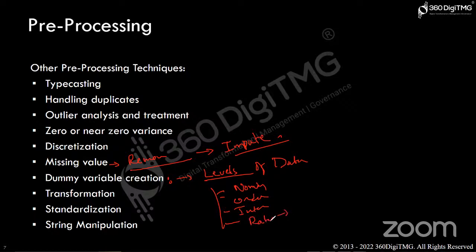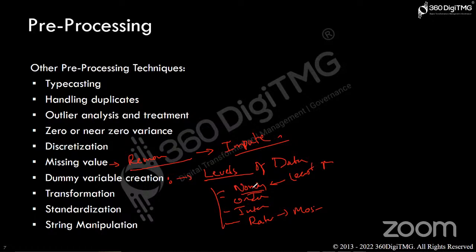Ratio is the most preferred data. Nominal data, on the other hand, is the least preferred because it cannot be used in most statistical calculations. Very few statistical calculations can use nominal data.